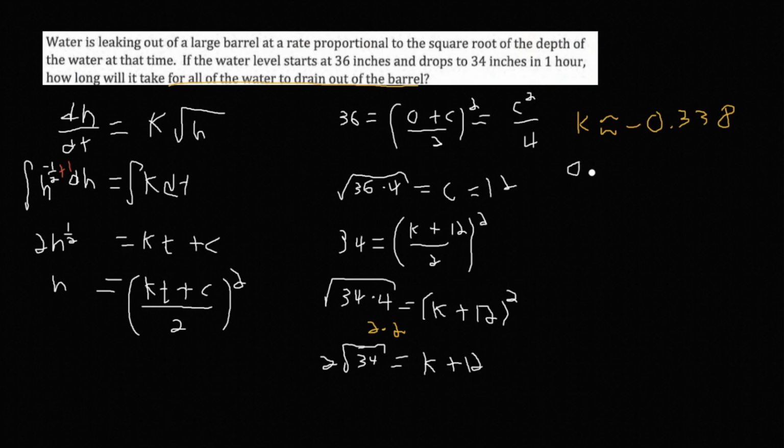So 0 is going to be equal to k times t plus 12 over 2, and this is all squared. So negative 0.338 times t. We don't know what t is, we're solving for t.